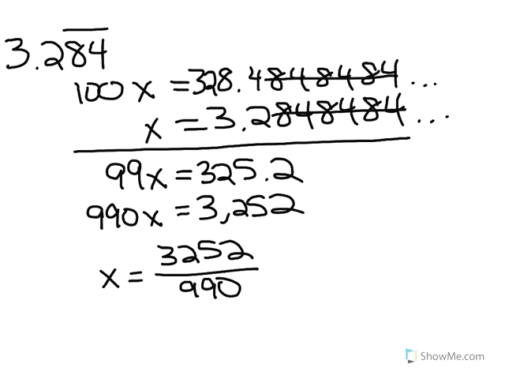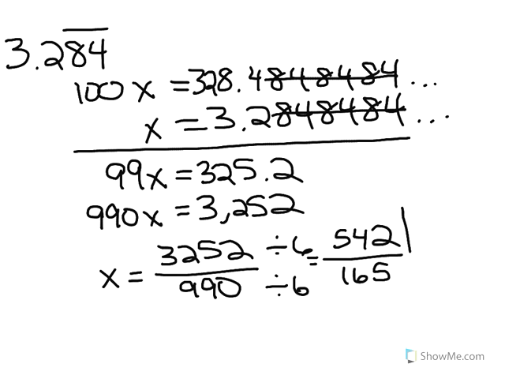That means that they're also multiples of 6. So, let's divide each by 6 to reduce the fraction. When we do that, we get 542 in the numerator and 165 in the denominator.